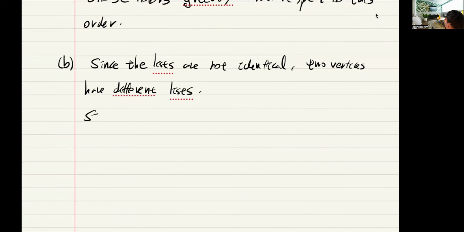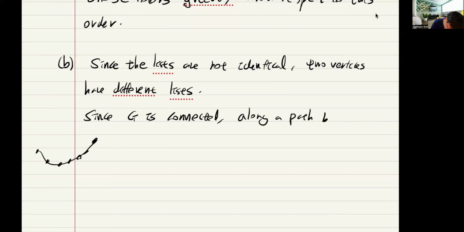Since G is connected, we can take a path between them.